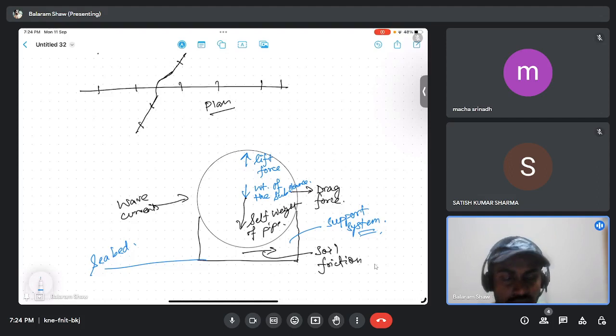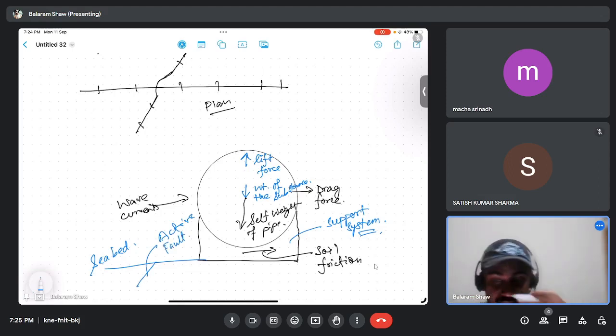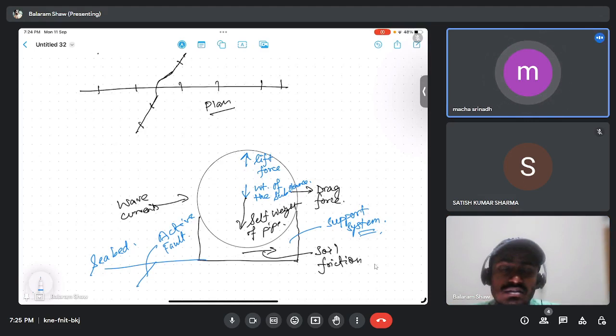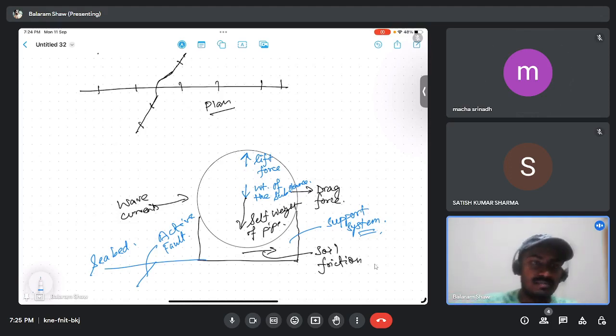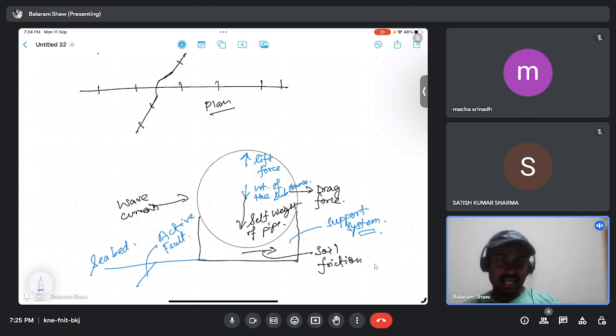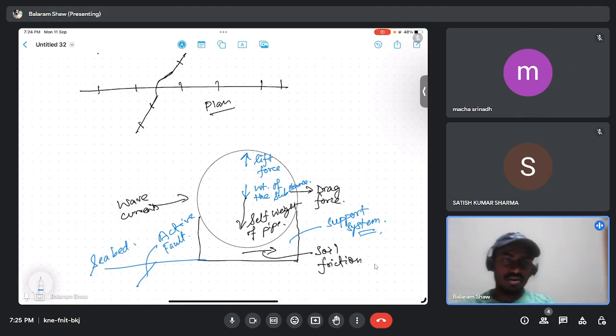Okay, so let us say there are two faults here, active faults. What is an active fault and what is a passive or non-active fault? Active faults have the capability to induce earthquakes. Yeah, correct. So when there is seismic activity, it is because of an active fault; if a non-active fault is there, it will not lead to seismic activities.